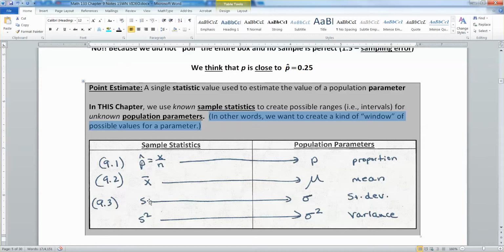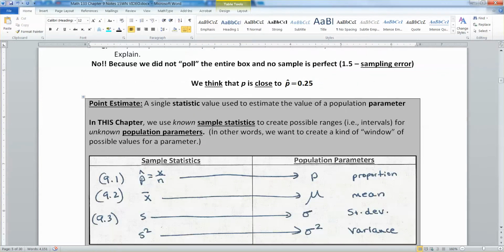And then in section 9.3, we're going to take the sample standard deviation or the sample variance, and we're going to build intervals, and then we think that the population standard deviation or the population variance will fall in that interval. That's the whole idea behind confidence intervals. You take your single statistic, your p hat, your x bar, your s squared, and you build a window, a range of values called an interval, and then you think that these population values fall in that interval, but you don't know for sure because you can never get everybody.